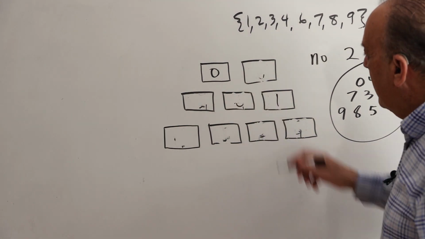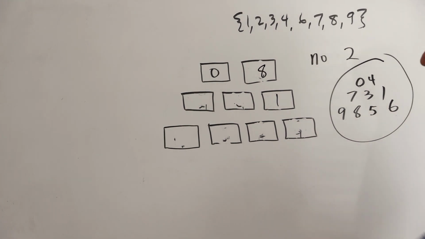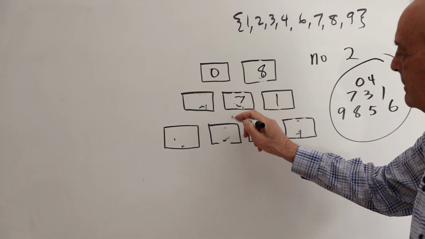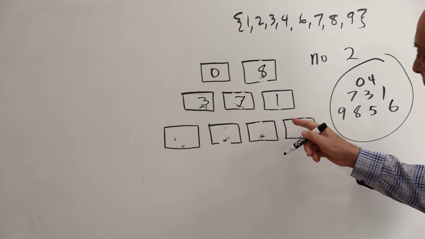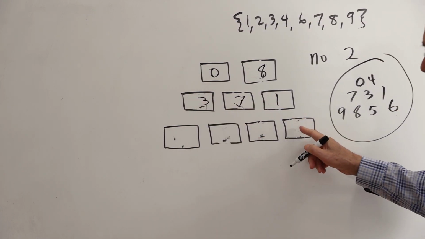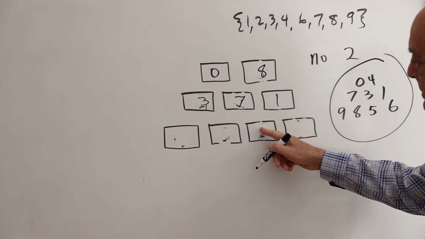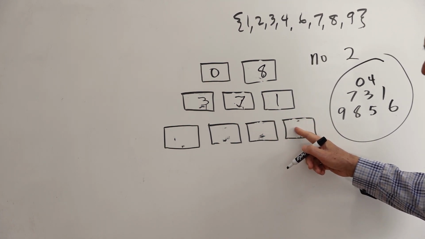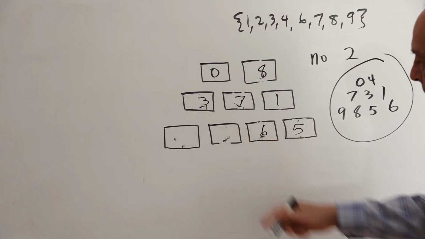Let's try 8. If we try 8, that's 7, and that's 3. We could try 4, but then we need another 7. We could try 5. Okay, let's try 5 and 6, but then we would need another 1.